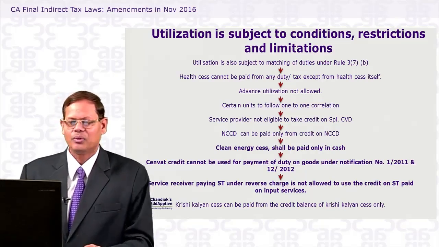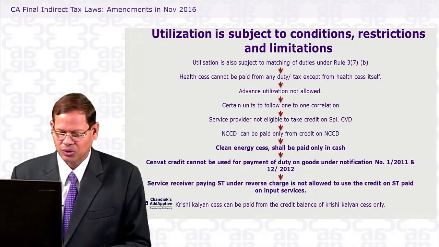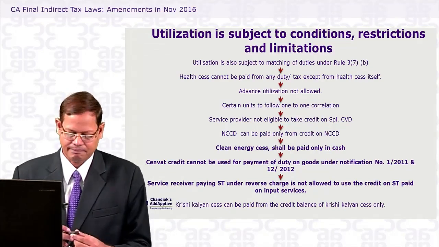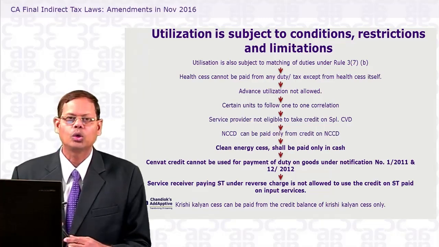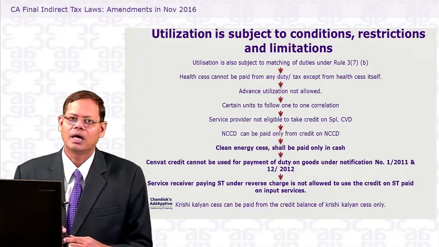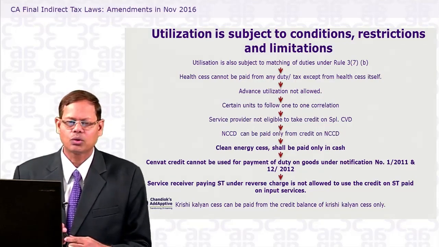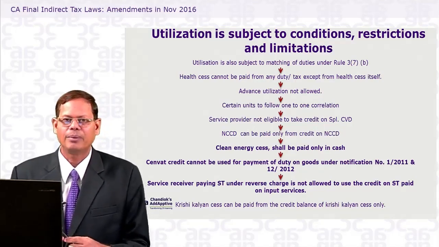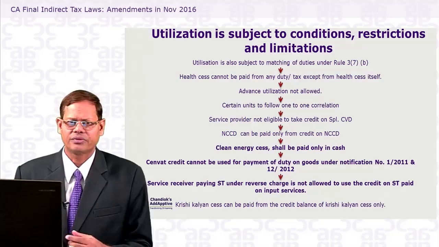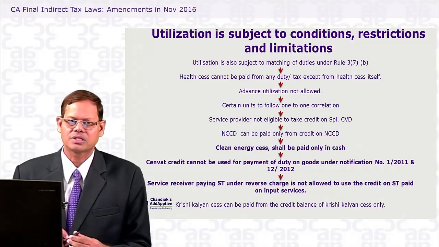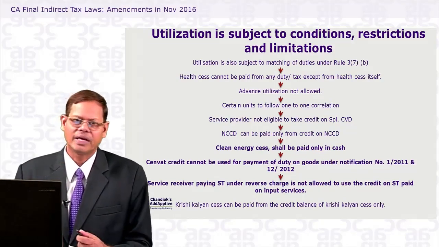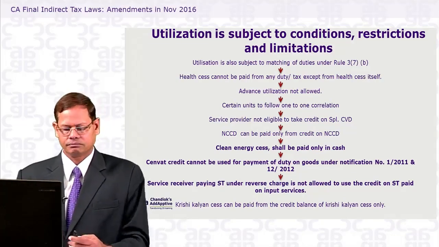Same, only in cash, because clean environment cess or energy cess, whatever it is, is collected on coal, coke and peat, lignite, that is also a variety of coal. The coal producers are polluting the environment.